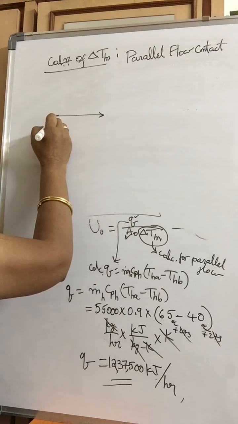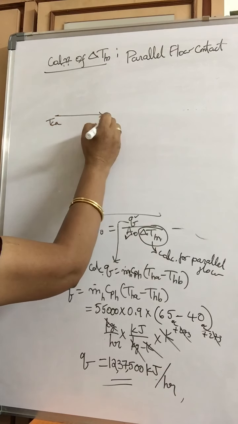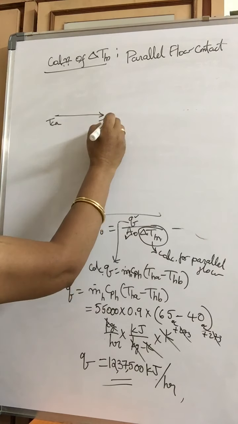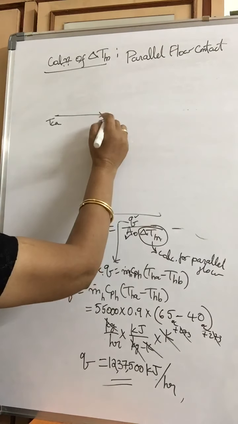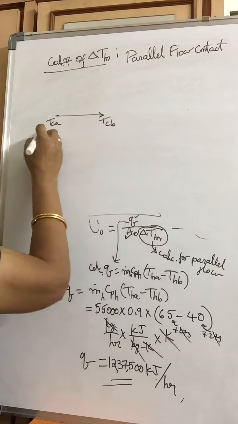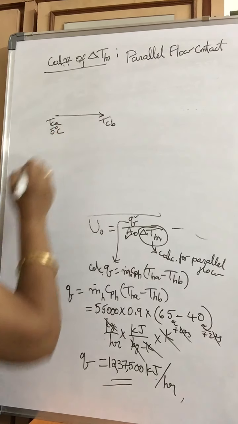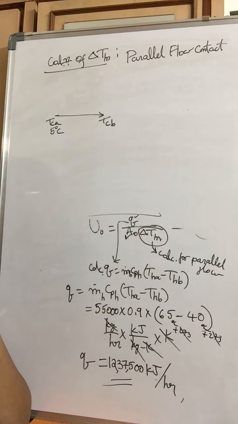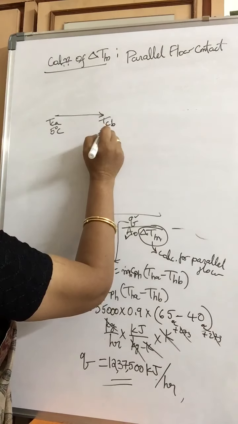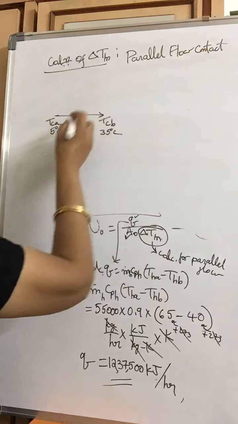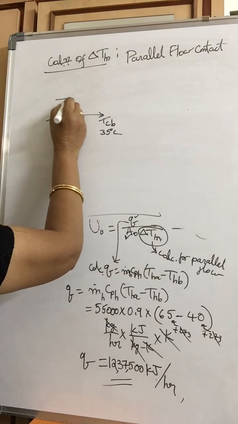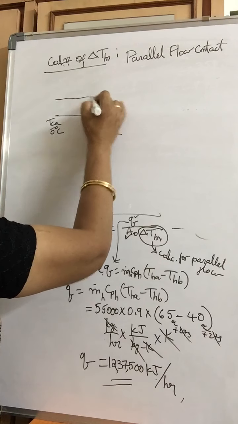First write the cold fluid inlet temperature and outlet temperature. How much is the cold fluid inlet temperature? This is 5 degrees centigrade, and the outlet temperature is how much? 35 degrees centigrade. Okay. Now because it is parallel flow, in the same direction the other fluid also flows.